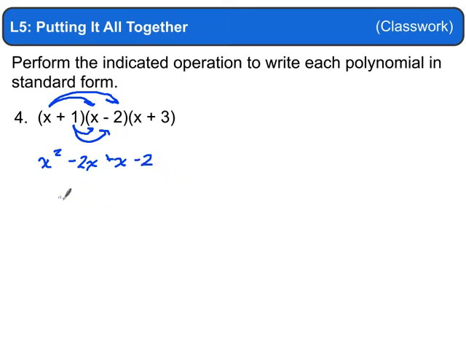So if I combine like terms, I'm going to get x squared, negative 2x plus x. It's going to give me negative x, and then minus 2.